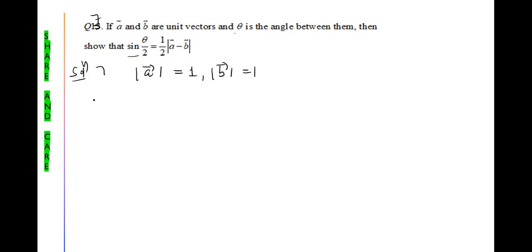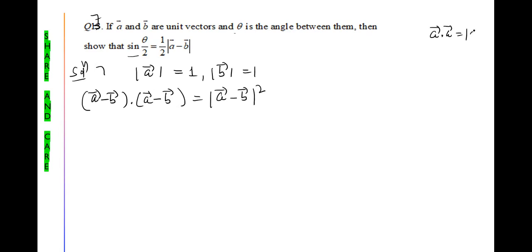So if I start with, suppose, A minus B dot A minus B, it means this is your A minus B magnitude square. As you know, A dot A equal to magnitude of A square. So here you are getting A minus B, A minus B, so A square plus B square minus 2AB, right?